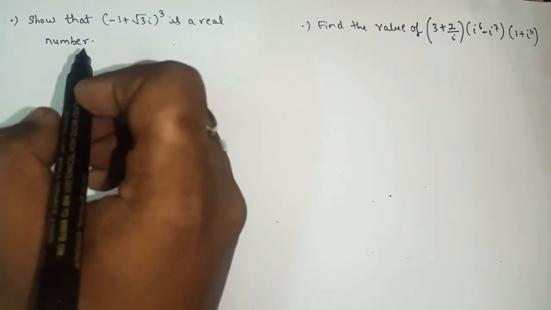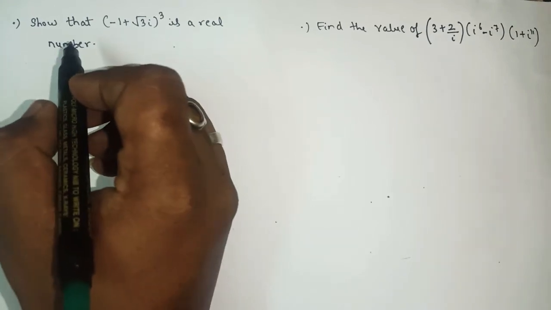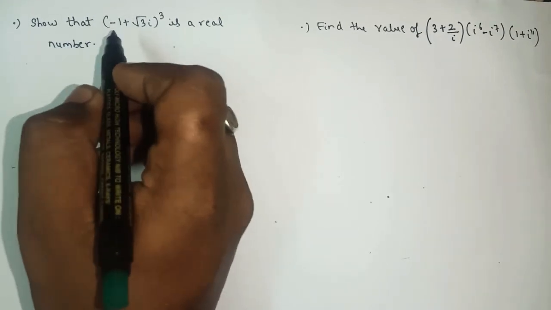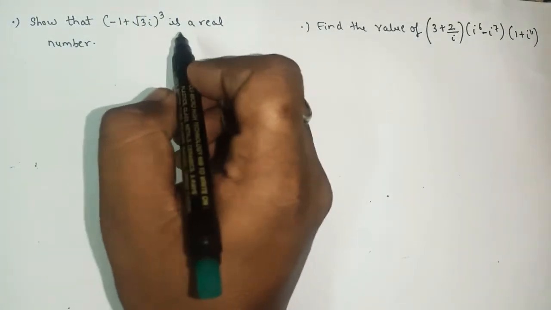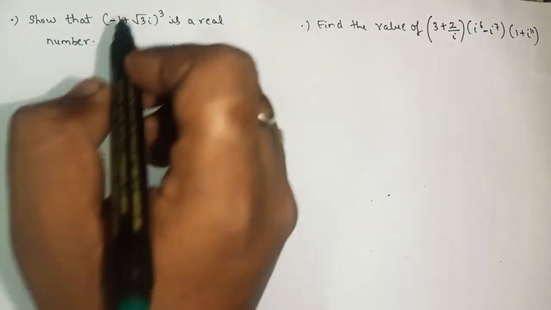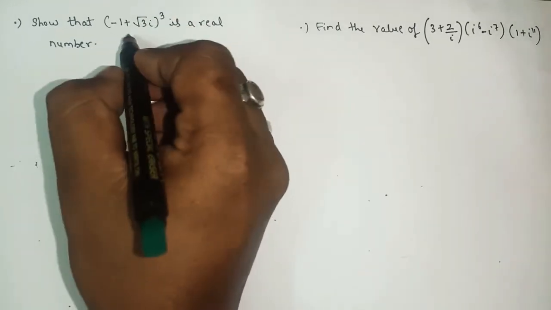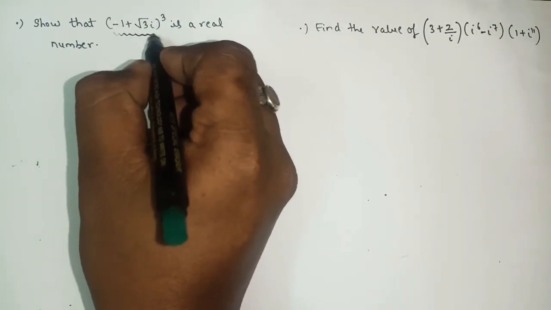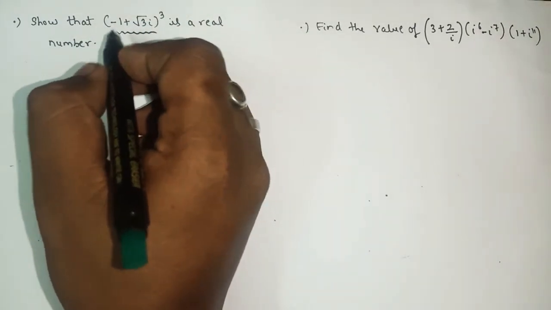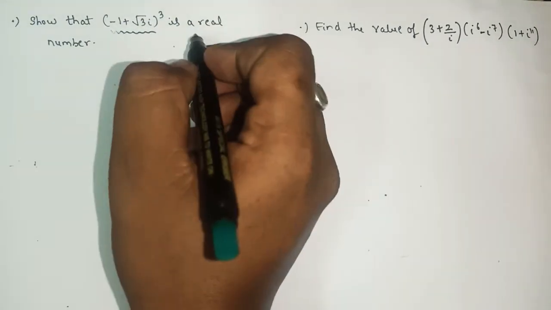So the next question says: show that (-1 + root 3 i) the whole cube is a real number. That means we have to show that this part is a real number. The final answer of this part is a real number. Real number means what?